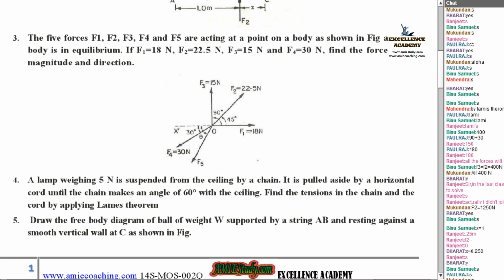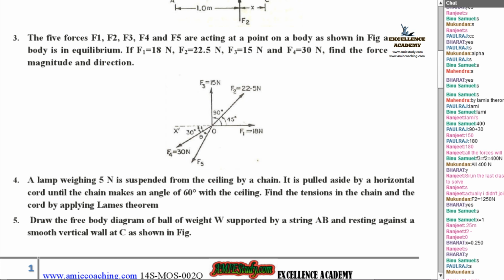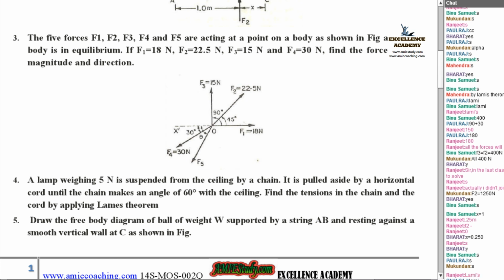By means of which technique are we going to solve this problem? Resolving the forces? No, Ranjit, it's wrong. We are going to solve the problem by solving it in the horizontal and vertical directions.